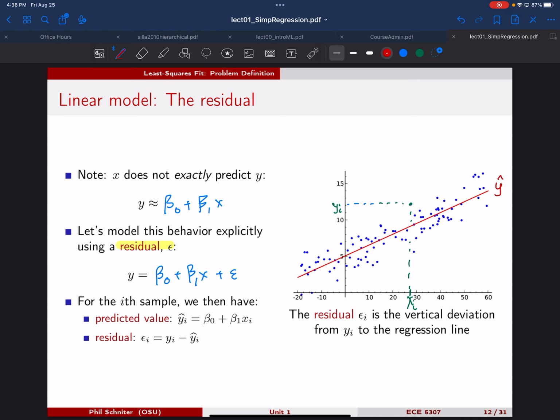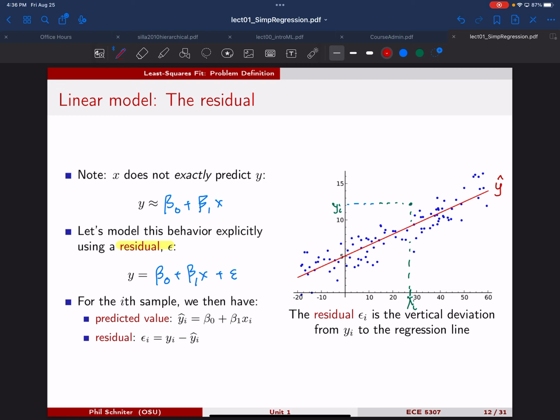Javier Perez, how can I draw epsilon i? What is epsilon i on that graph? The distance from what to what?